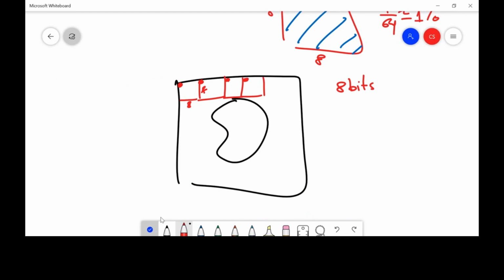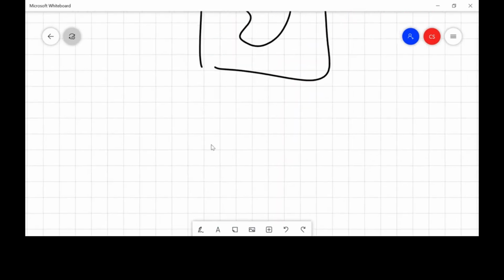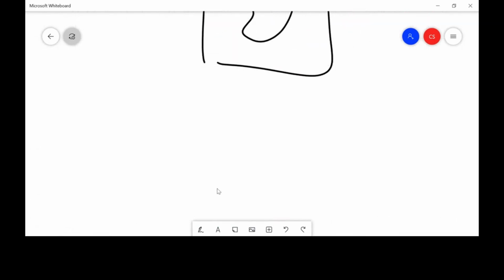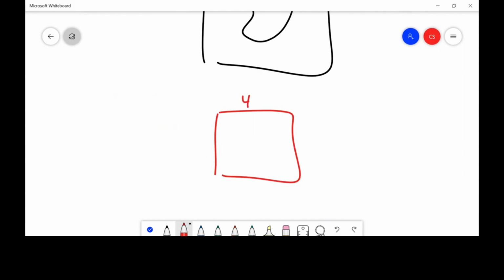How large is your camera in your phone? How many pixels do you have? 4K is a typical number. It is 4K in each direction, right? So you have images of size 4K by 4K.